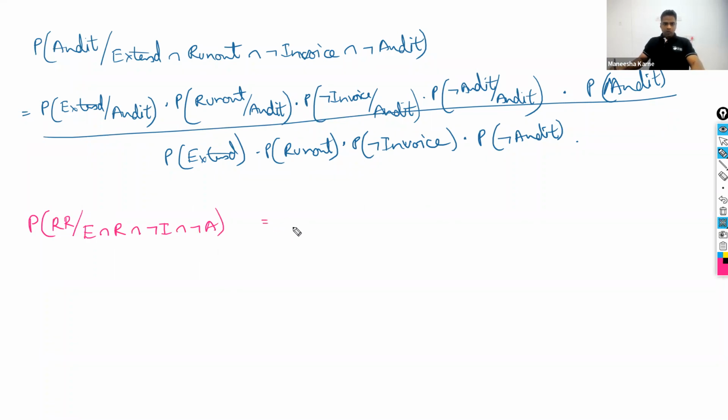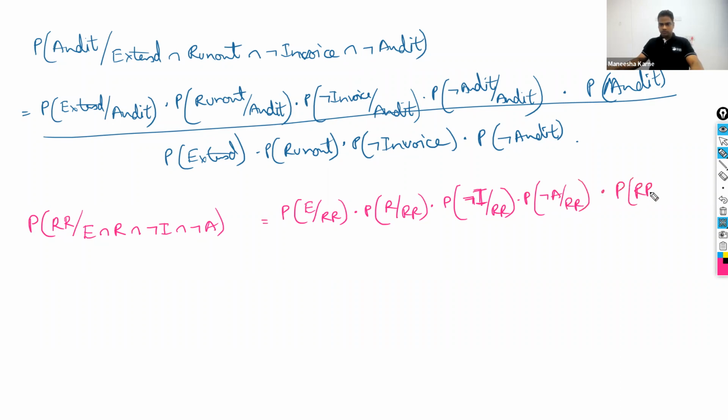Sorry. How do you write it? Probability of extend given routine request into probability of run out given routine request into probability of not having the word invoice given routine request into probability of not having the word audit given routine request into probability of routine request divided by denominator. What do you have in denominator?